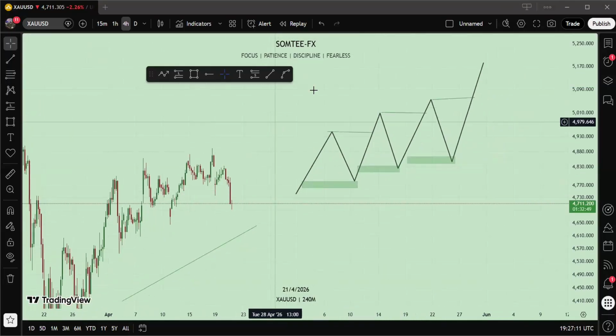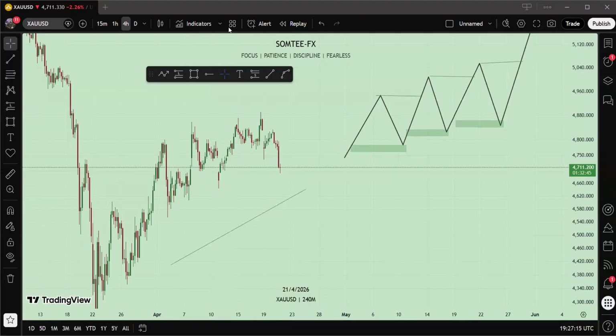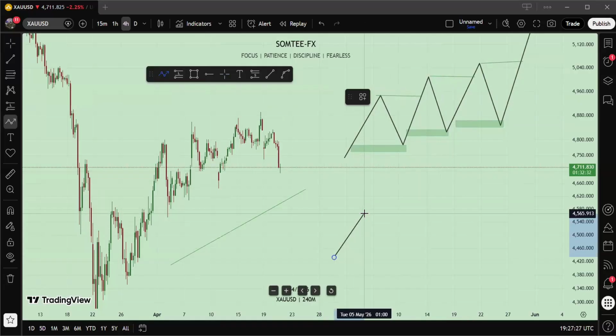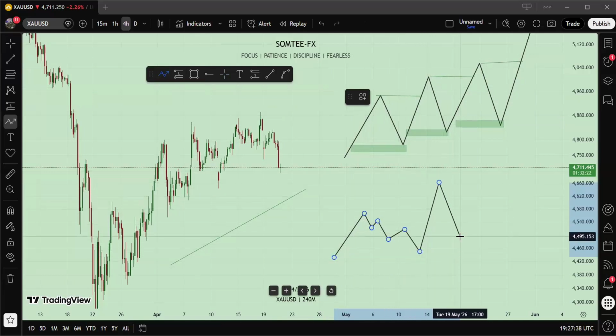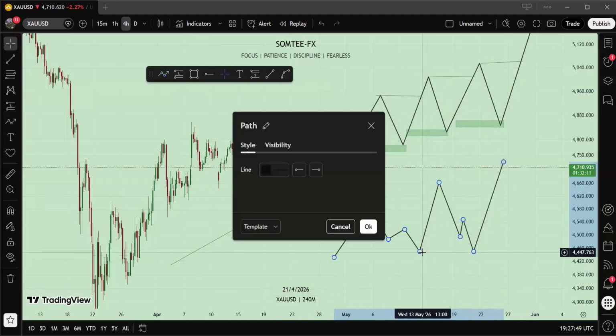And see now, my own line is just straight. But that does not mean that when it comes, let me draw another one again to explain it more. That does not mean that whenever it comes like this, it cannot go like this and be creating that particular break of structure.